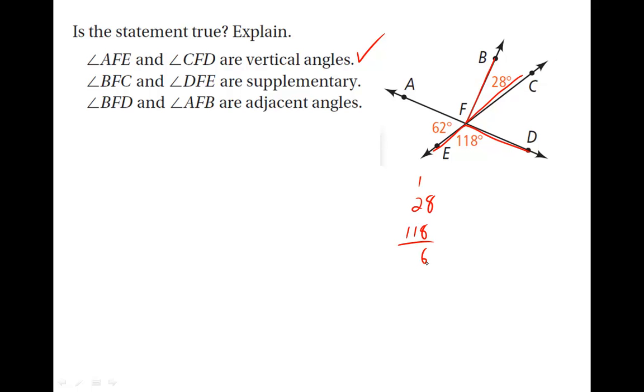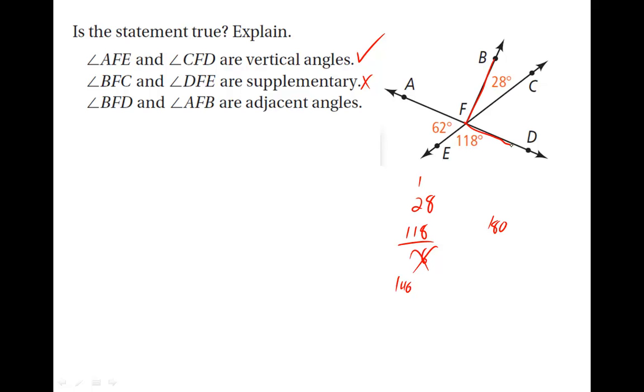I'm going to stop there. I know I can keep adding, but you want it to be 180, right? If it ends in 6, I already know it's not 180. If you continue adding, you get, I think, 146, but I already know right there it's not going to be 180, so the second one is not true.